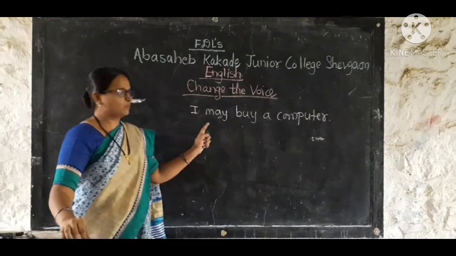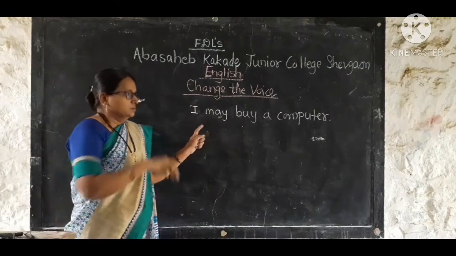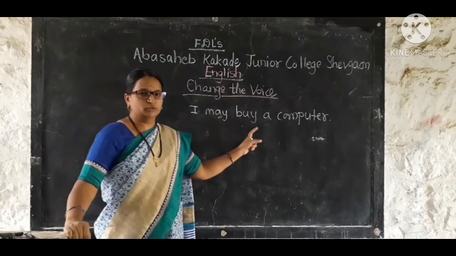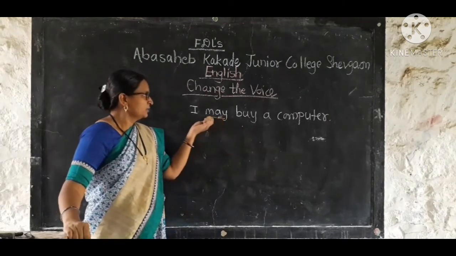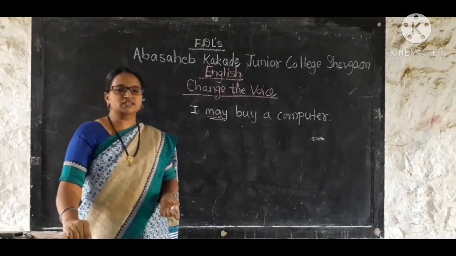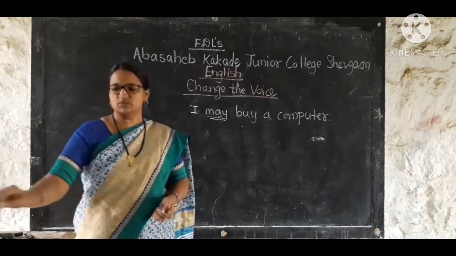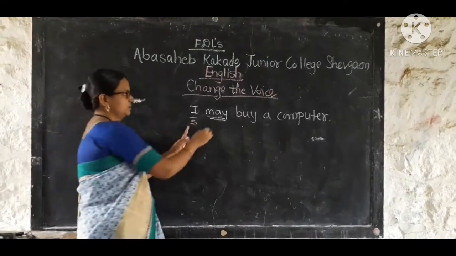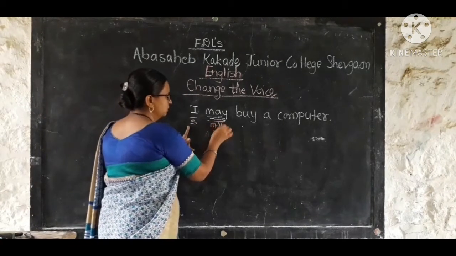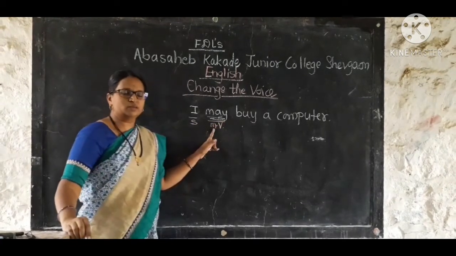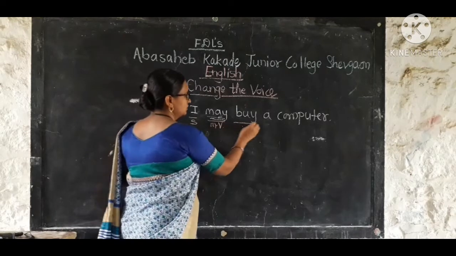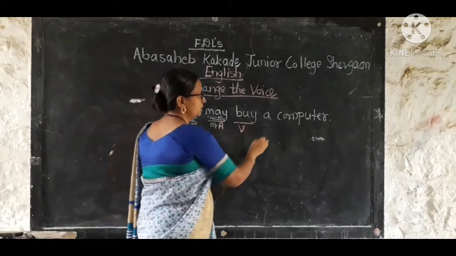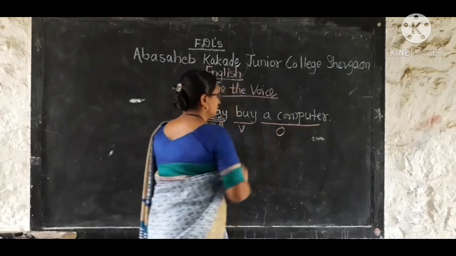Okay, now I have written this particular sentence on the blackboard. I may buy a computer. Now here in this sentence, may, this modal auxiliary is used. And what is the structure of this particular sentence? Here I is subject, then may is modal auxiliary, then buy is verb, and a computer is object.